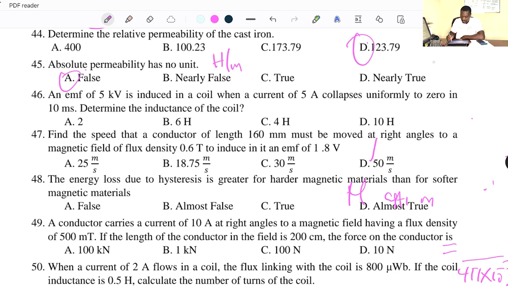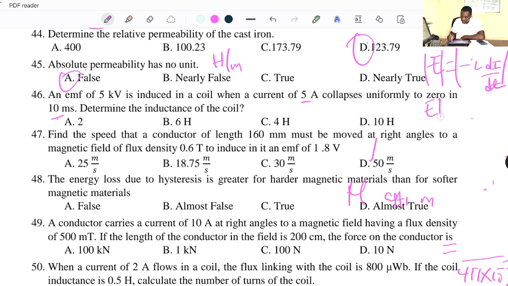So we have this formula, induced EMF in the coil with respect to current and then time, we have induced EMF equals minus inductance and the rate of change of current over time, right? Now, we are interested in inductance, so make inductance the subject, and here is positive, so I'll take the magnitude of this.